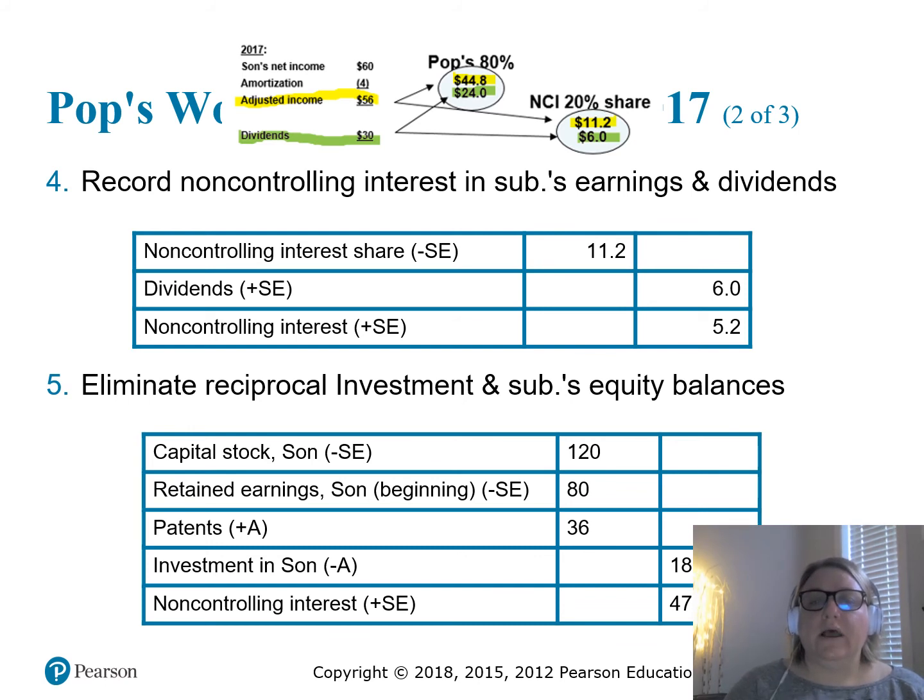So the adjusted income gets adjusted off for the non-controlling interest share of the income, and then we're going to credit the dividends for the subsidiary for Sun. Right here, you can see both of the non-controlling interest shares. So basically, what we're doing is just peeling off that share of the income, and then again, this is going to be the plug right here.